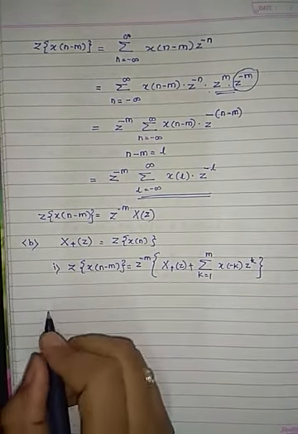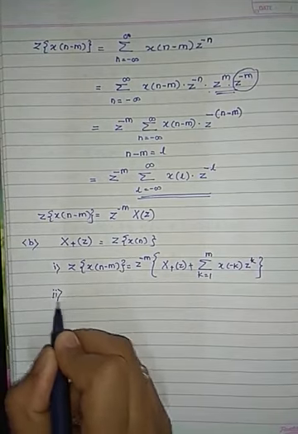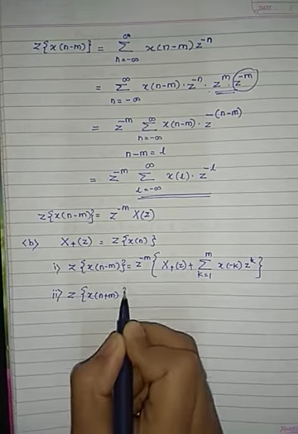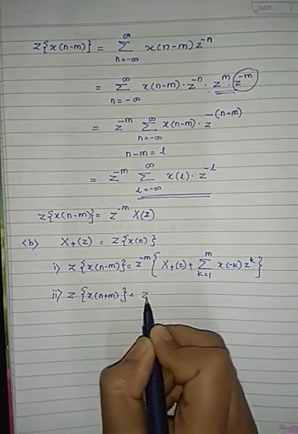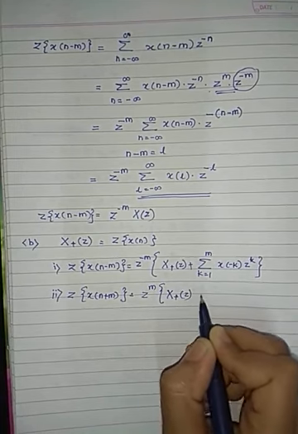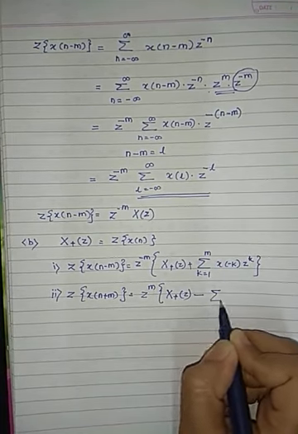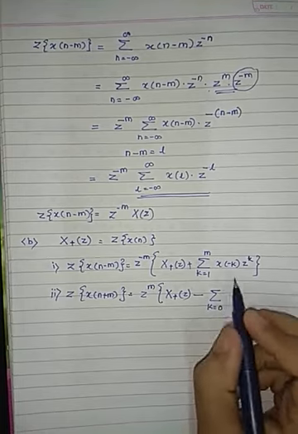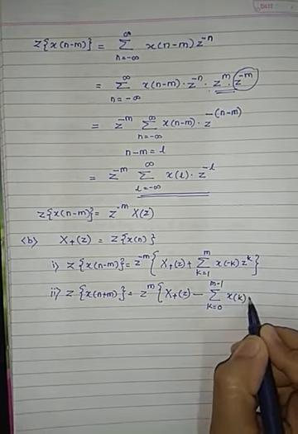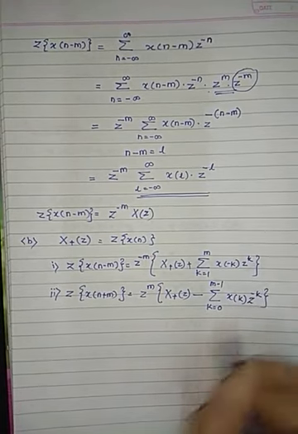And for the second condition, the z transform of x of n plus m is equivalent to z raised to m x of z, that is for a one-sided sequence, minus the summation from k equal to 0 to m minus 1 of x of k into z raised to minus k.